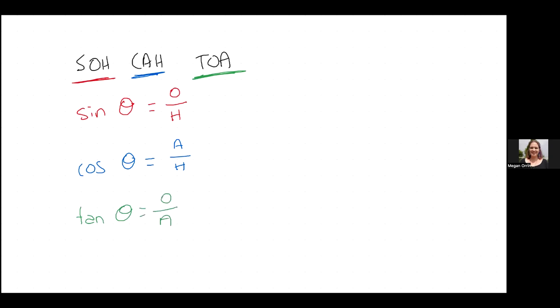If we were going to find an unknown piece of information, let's say this is 38 degrees, this is X, and this is 14 meters. What two sides have I used? 14 is the hypotenuse. X is the adjacent.